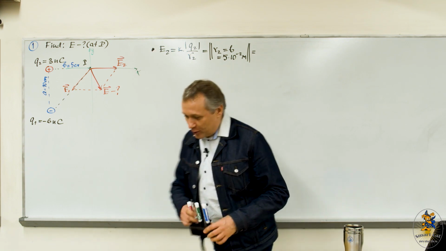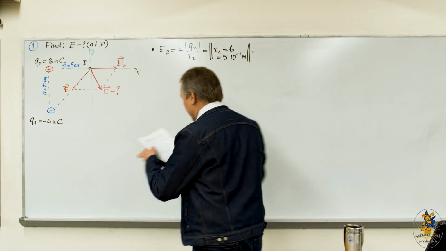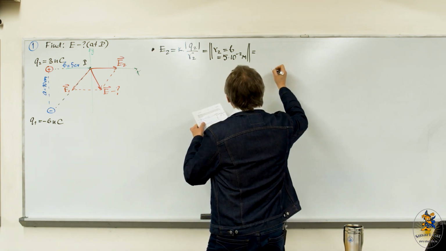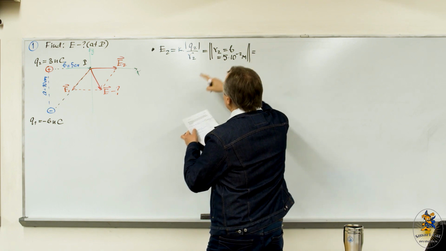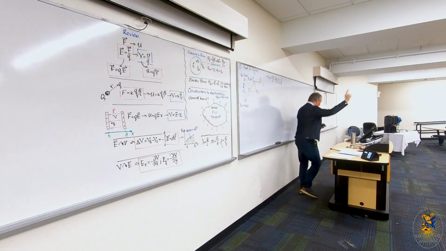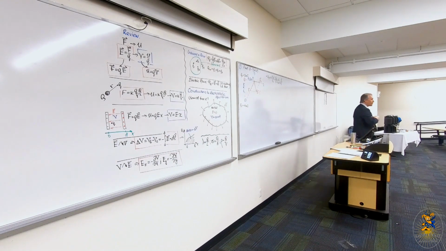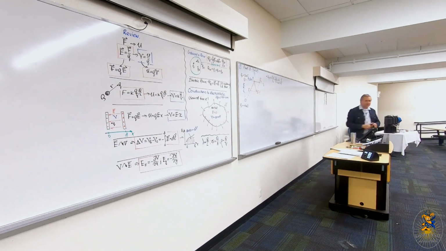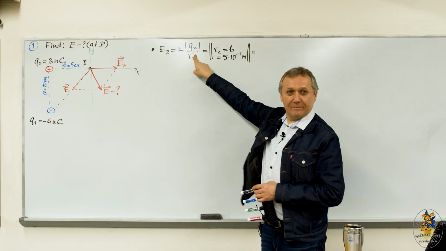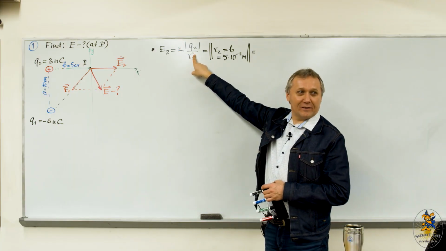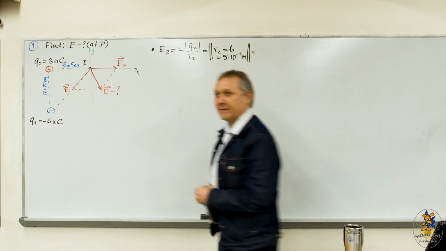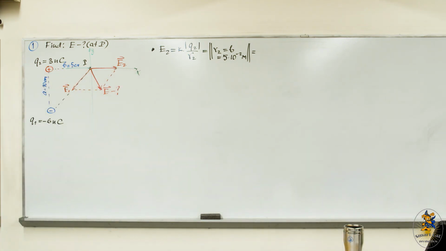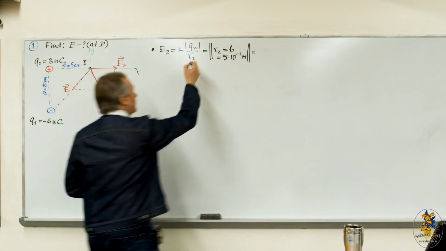Okay, so now let me use my notes. So what's the value of this? Yes, it must be R2 squared. It's electric field, not electric potential, right? So this is for the electric potential, but we're trying to calculate the electric field, and the electric field goes as R to the power of 2.